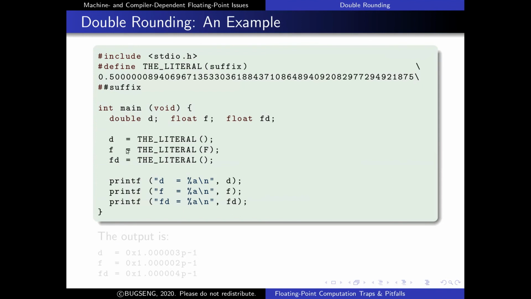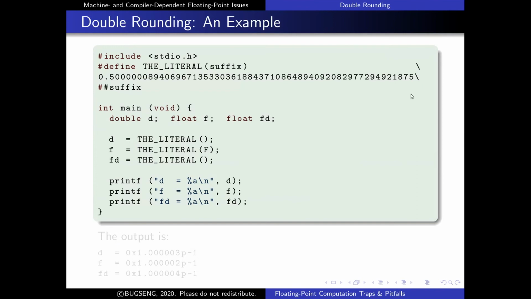So the assignment is a double assigned to a double, and there is only one rounding. Why do I say there is only one rounding? Because this literal has too many digits, so as we will see in the next slide, it doesn't fit into a double.